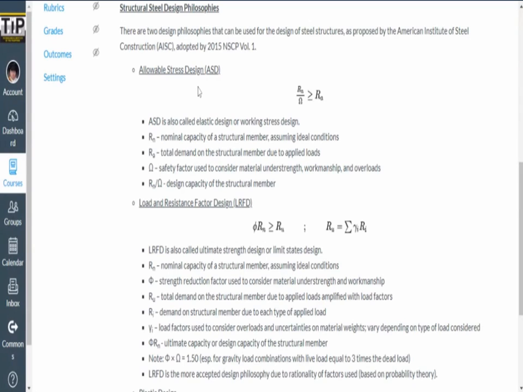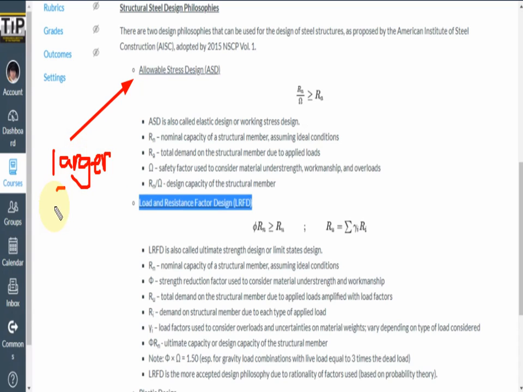So the answer would be ASD. You may think, sir, we have load factors here, so why is it that ASD still gives the larger section? It's because also of the assumption on the material behavior of the steel.